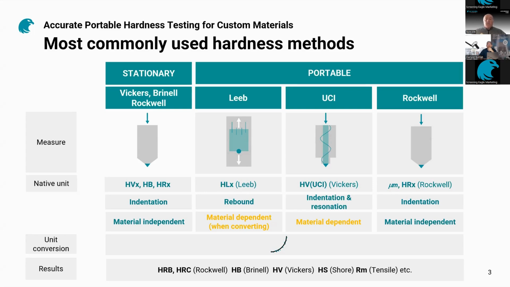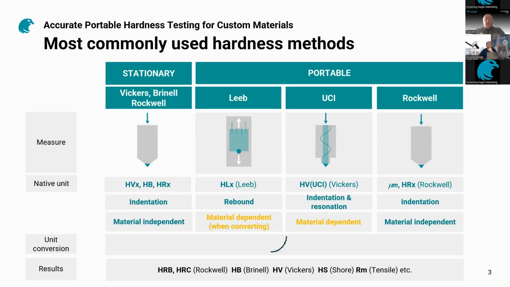With Vickers, Brinell, and Rockwell, we're applying a test force, and we're measuring some characteristic of the resulting indentation in the test specimen, whether it be the depth of indentation, or in the case of Vickers and Brinell, the area of indentation. Because those are the native tests, those tests are material independent. A Brinell hardness of steel is going to be a Brinell hardness of equivalent titanium or stainless steel. There's no conversion within a single hardness scale.